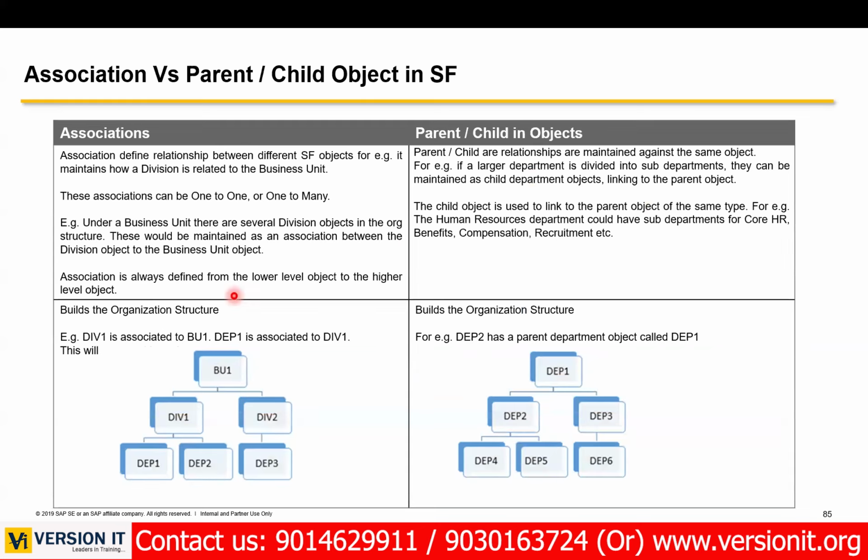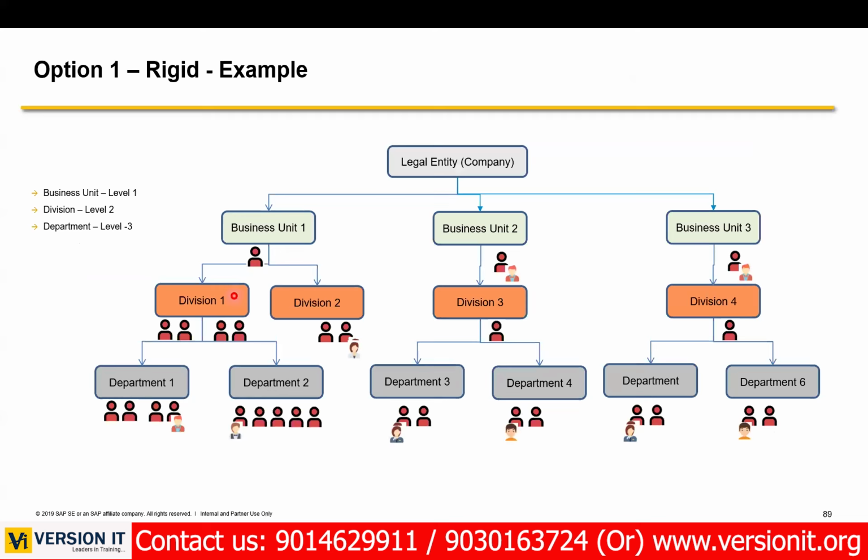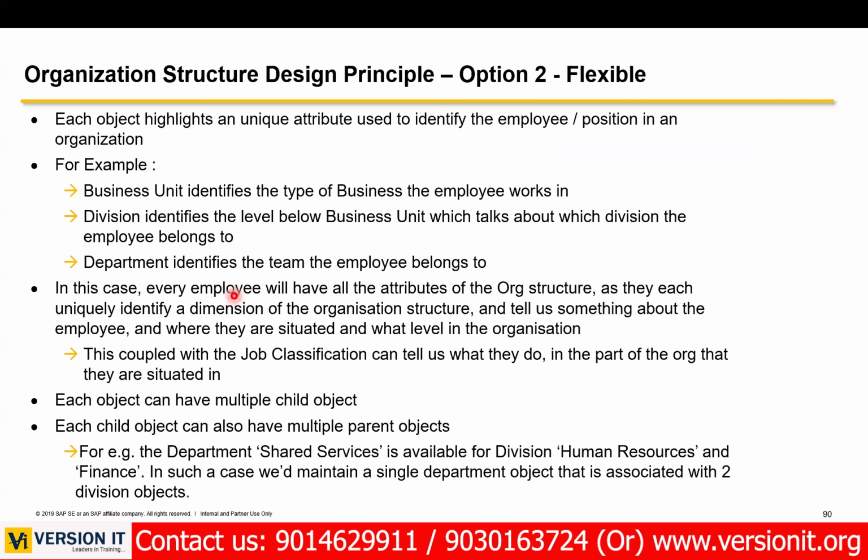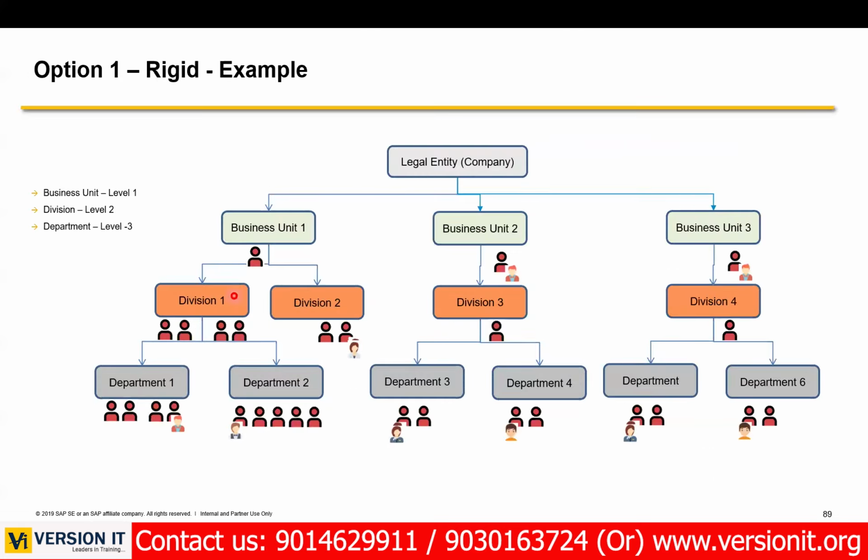Yes, sir. And see, the association with the parent and child, that means the org structure hierarchy, how to associate it. They have given one example here. See how the org structure looks. Here they are saying optional one, rigid.